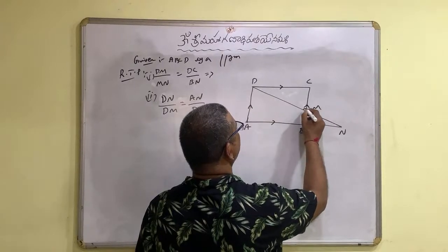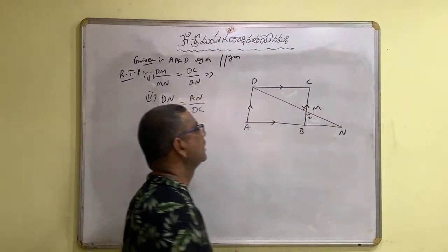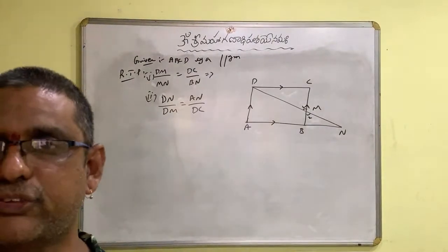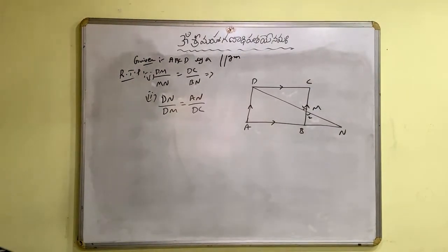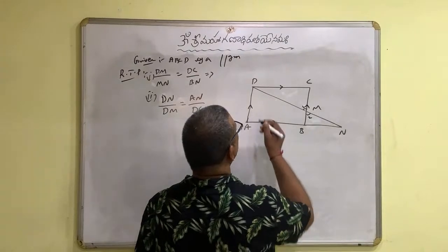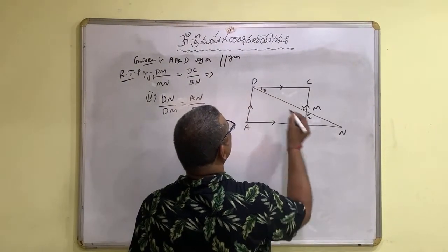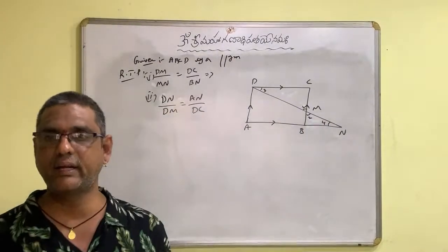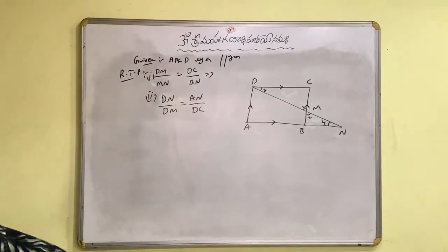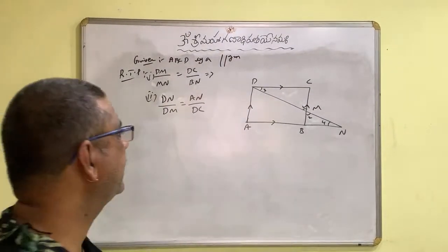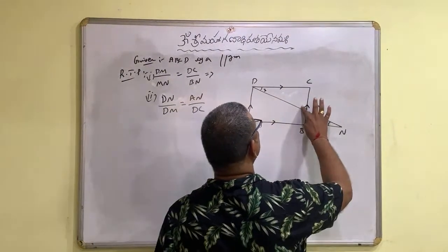Vertically opposite angles. Angle 1 and angle 2, they are vertically opposite angles. Okay. Second one. Angle 3, angle 4, alternate interior angles.